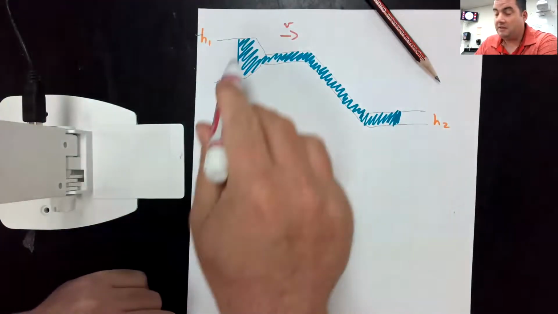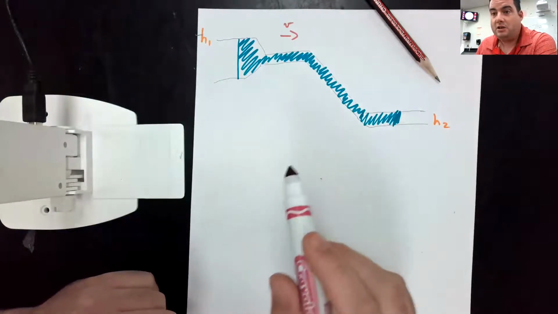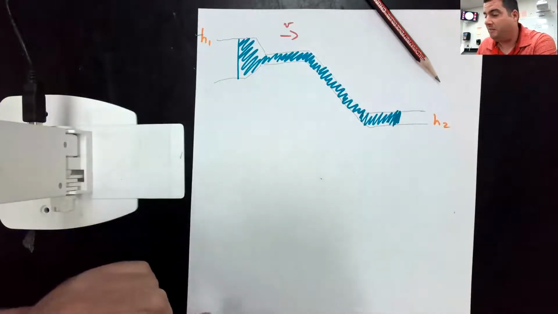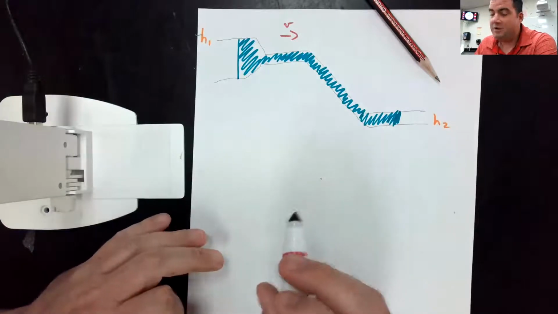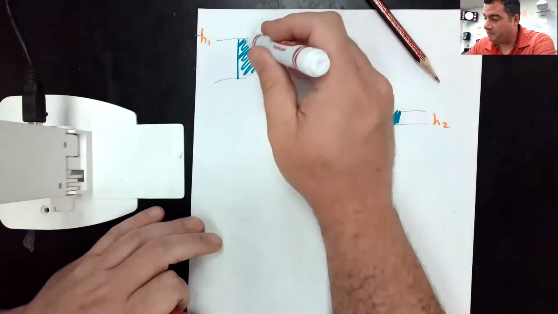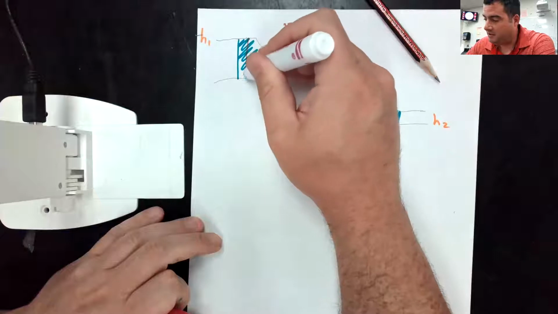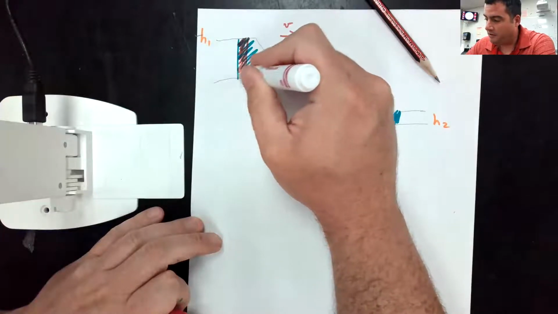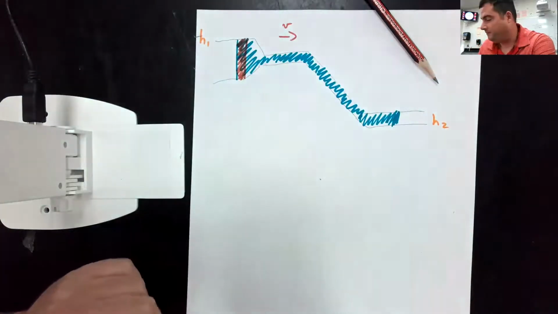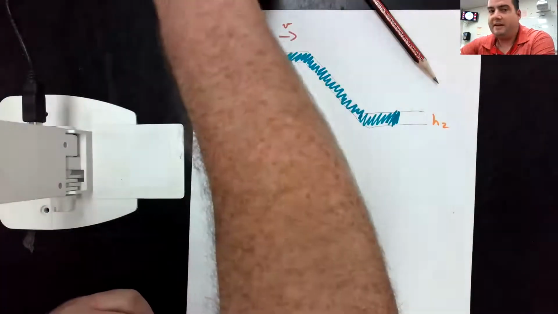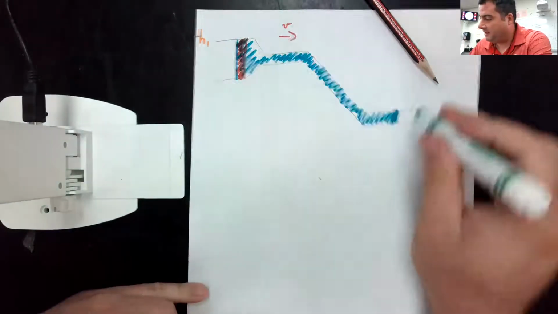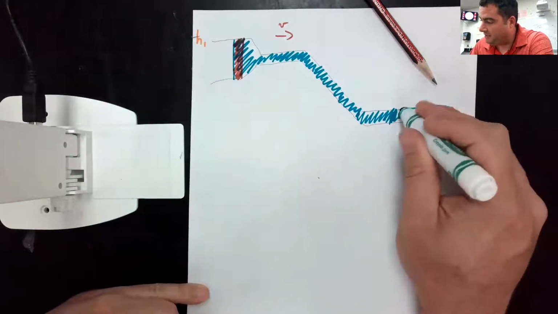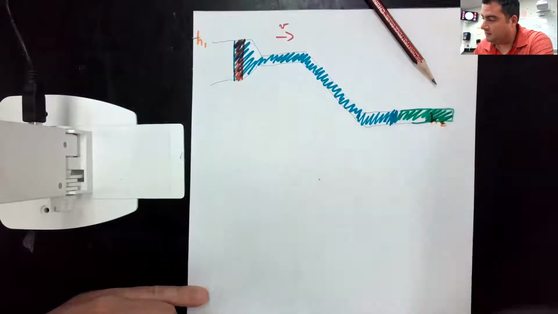Notice that the diameter of the pipe has changed and the height of the pipe has changed. It's pretty complicated. But since we know water is incompressible, let's say in a given time period, this volume of water is lost from up here. That means that later, an equal volume of water is going to be gained down here.